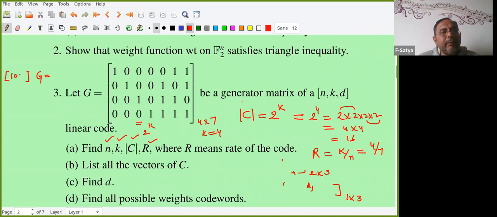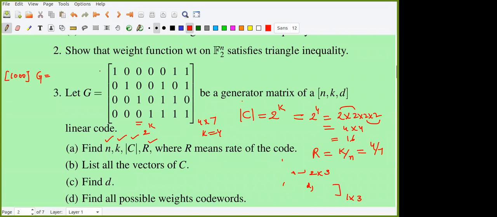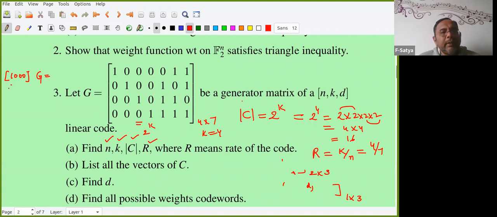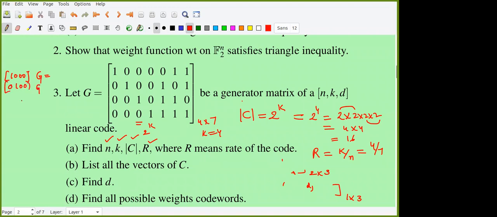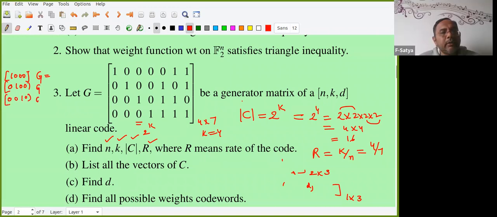What if I multiply this? You'll get the first row, right? What if I multiply 0, 1, 0, 0? Second row, right? And like that you'll get, no? So 0, 0, 0, 1 into G, I'll get all the 4 rows, right?